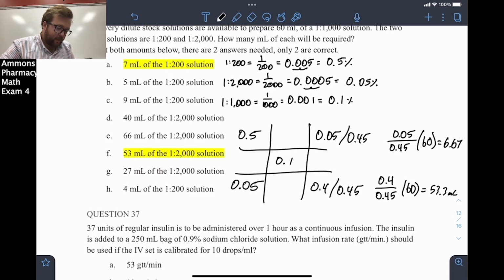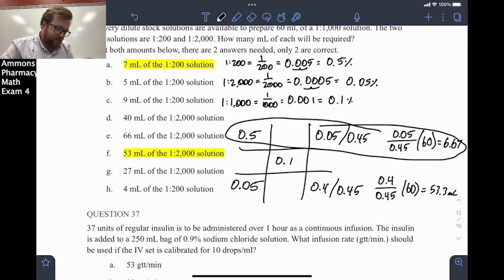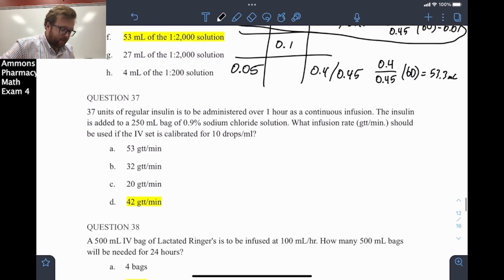But you have to remember, if you do this, this is attached to this one. Okay, so that's a 1 to 200. So don't lose your ingredients because you converted them to percents.